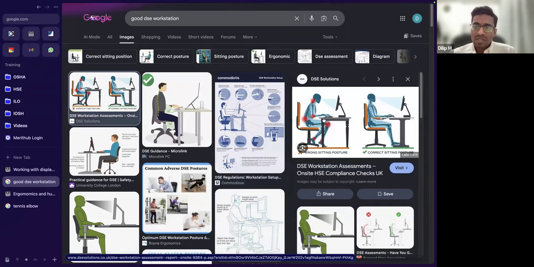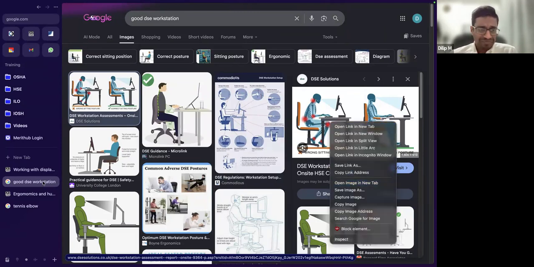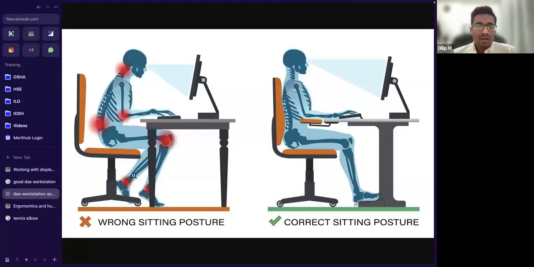So visually you could see the first image, it is a wrong sitting posture, where the user is shrugging the shoulders, and also look at the feet, how they are positioned, and the eyes and the top line of the monitor are not at the same level. So because of that, he has to move forward to view the screen. Okay.